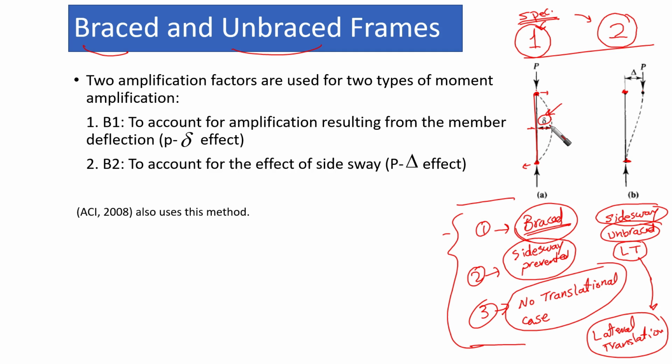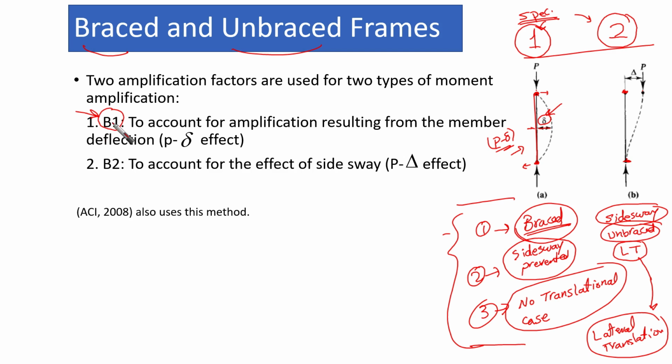And we put this designation, which is small delta, and we call this case the P delta or small delta effect. So this is the first effect that we have, and we are going to account for this case by taking into consideration the amplification factor B1.